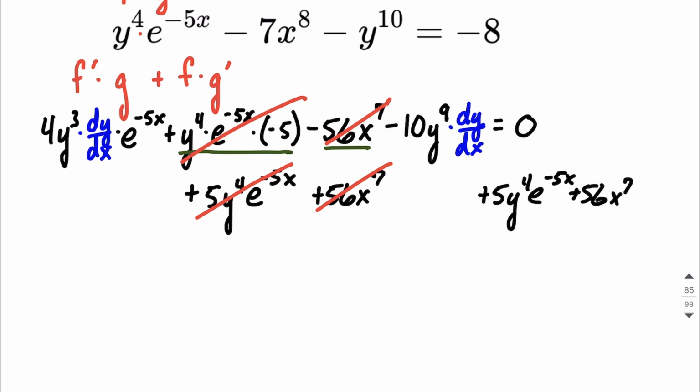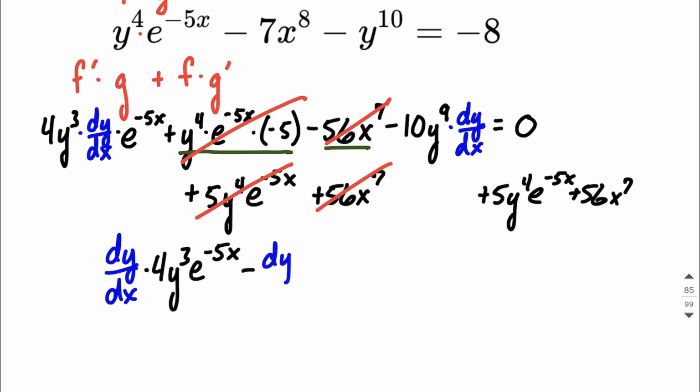All right, I'm going to kind of creatively rewrite this so we have the dy dx out in front, multiplied by 4y to the 3rd power, e to the negative 5x power. And then what didn't get crossed out, I'll write the minus dy dx.